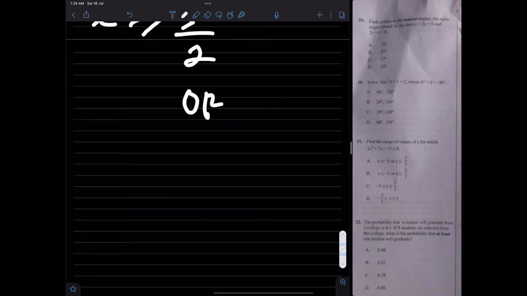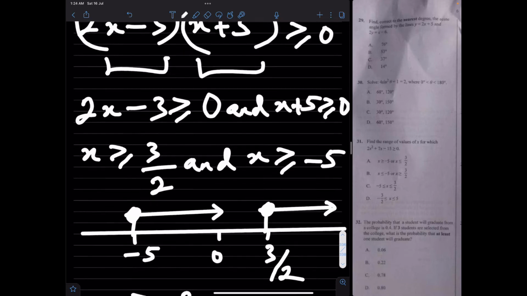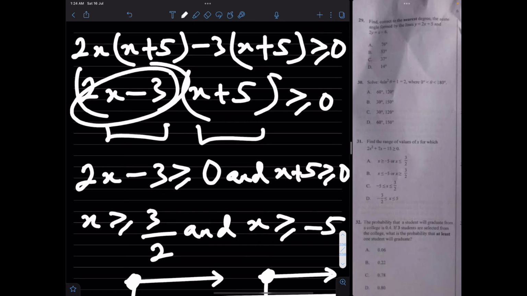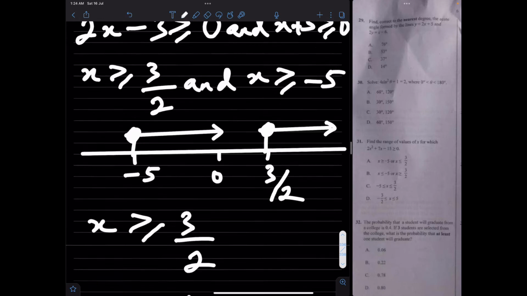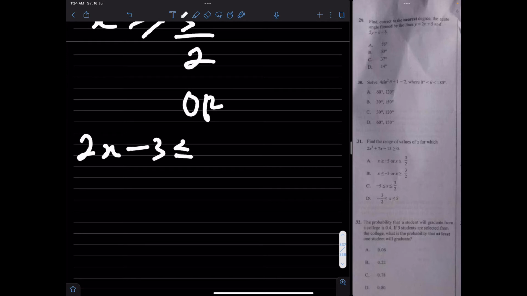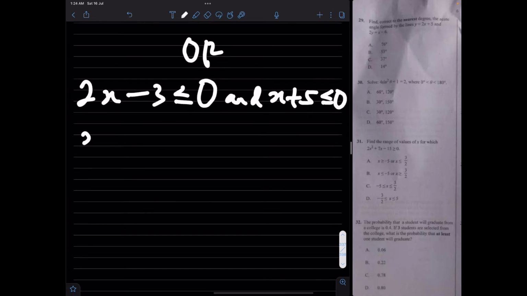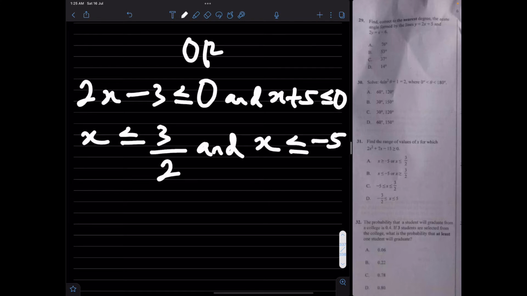Or the second condition: it's either both of them are greater than or equal to 0, or both of them are less than or equal to 0. So that's the condition I'm checking now. 2x minus 3 is less than or equal to 0, and x plus 5 is less than or equal to 0, which simply means x is less than or equal to 3 over 2 and x is less than or equal to minus 5.